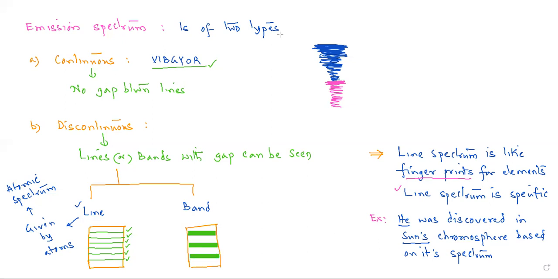This way. Of course, a band spectrum consists of bright bands with dark areas in between. See, these are called bands. Of course, these are lines, right? Now, the bands are separated. There is a gap between the bands. Remember, band spectrum is given by molecules. So, it is also known as molecular spectrum.